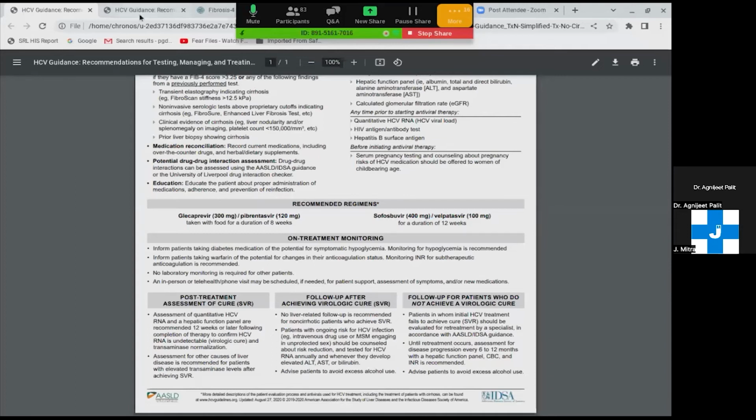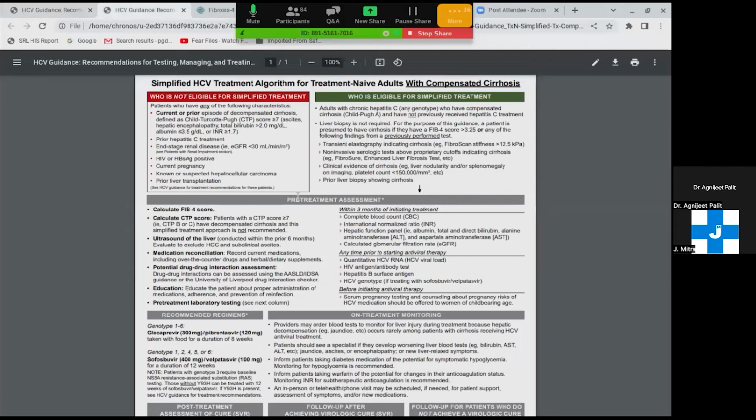For the treatment guidelines for patients with compensated cirrhosis, here we have to see that the patients do not have decompensated cirrhosis. That is why we are doing the CTP score, and those with a CTP score greater than or equal to 7 we will exclude, because a score of 7 or more means that the patients have decompensated cirrhosis.